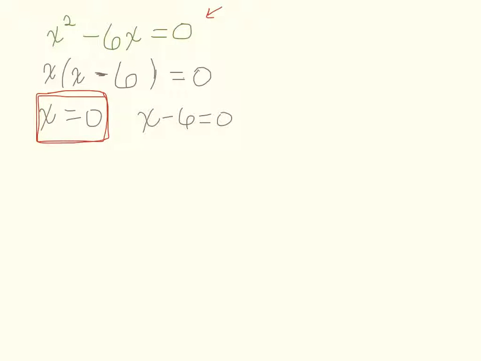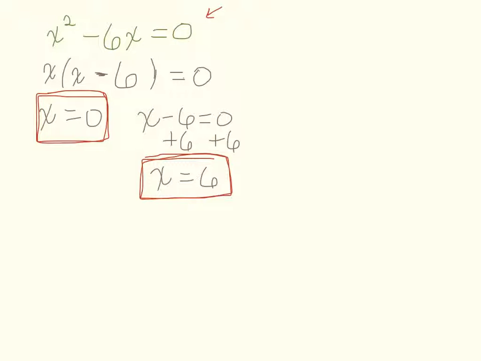But we actually need to do a step here. I have x minus 6 equals 0, so I'm going to add 6 to both sides. And then I'm going to get x is equal to positive 6. And that's my second answer. I had x squared, so I should have gotten 2 answers. What do you think?